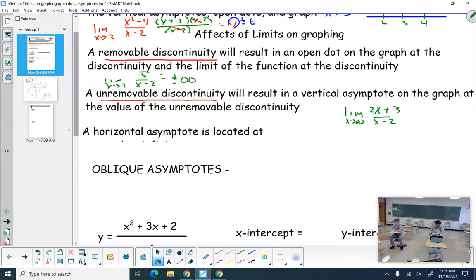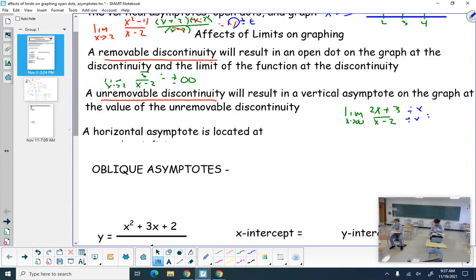If we take the limit as x approaches infinity of 2x plus 3 over x minus 2, we'd have to divide through by what here? What's our largest degree of the variable? X to the what power? Just x. So we're going to divide top and bottom by x.